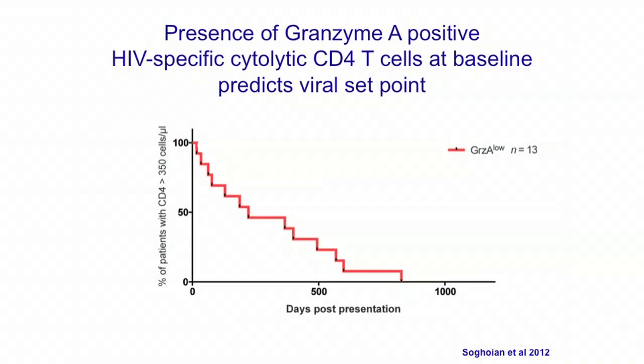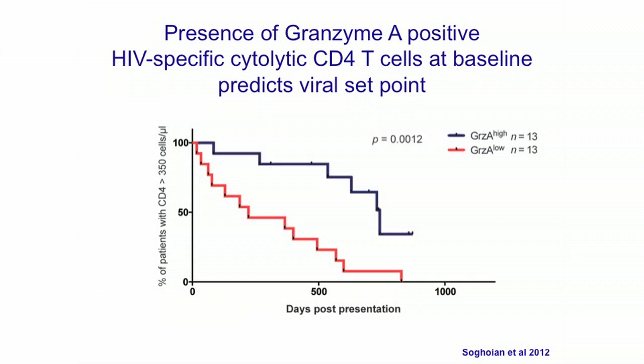And here we split them into a granzyme A high and a granzyme A low group. That's the time point where we measured the granzyme A levels in the HIV-specific CD4 responses. And you see that on average, after about 300 days, the granzyme A low group had the CD4 count drop below 350 cells per microliter.